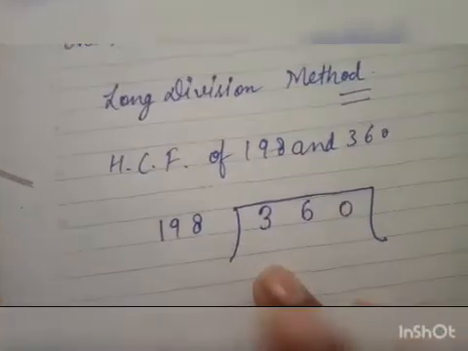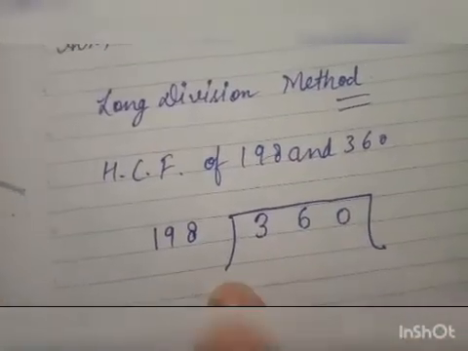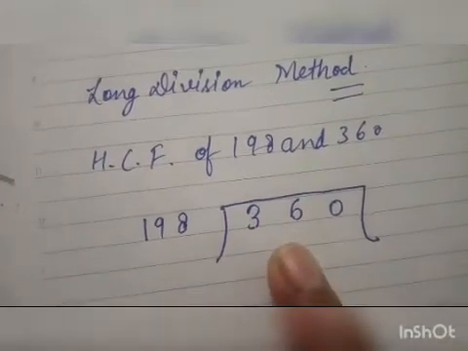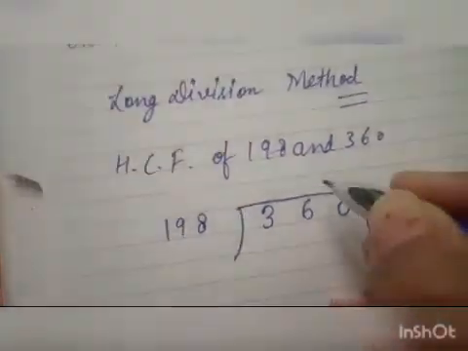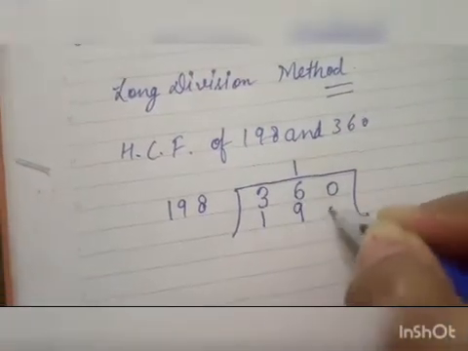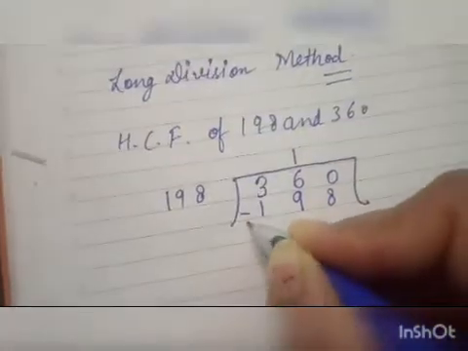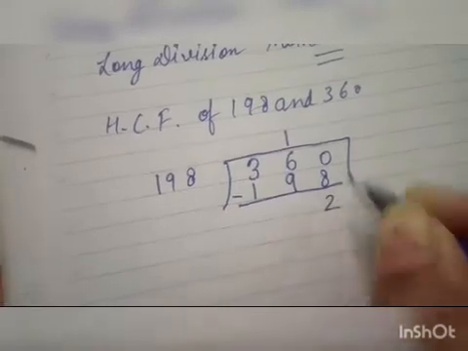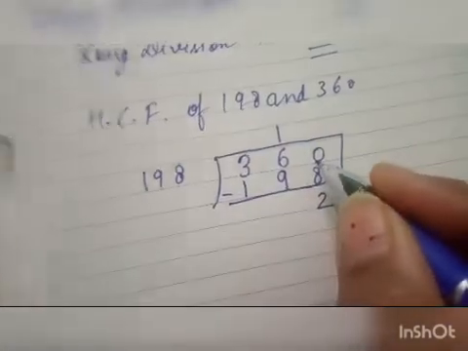In the table of 198 we have 198 at 1. So we will make the difference. 10 minus 8 is 2. Here it has taken the carry, so 15 minus 9 is 6 and 2 minus 1 is 1.